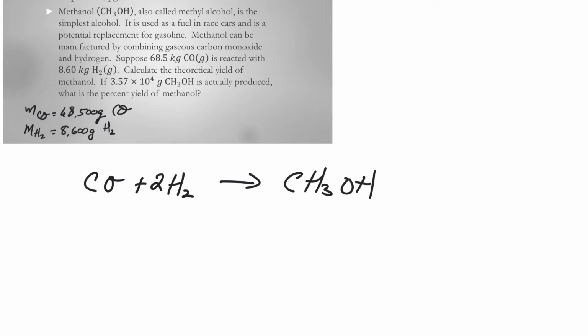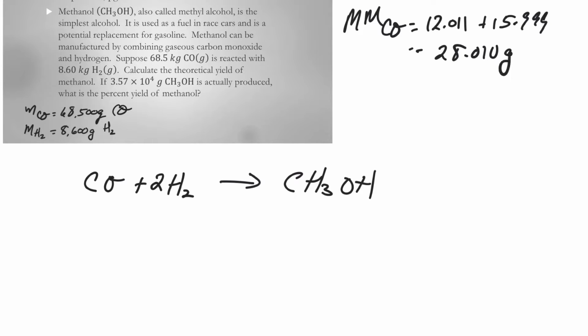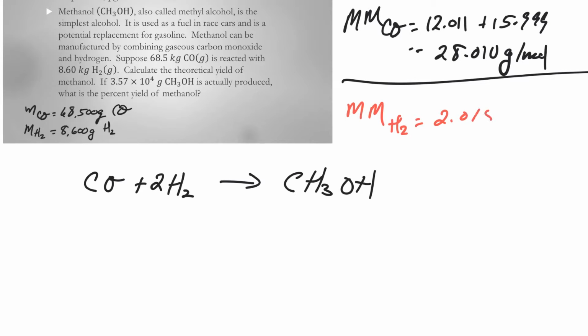We need the molar masses of everything here. The molar mass of CO is 28.010 grams per mole. The molar mass of hydrogen, which we've seen multiple times now, is 2.0158.